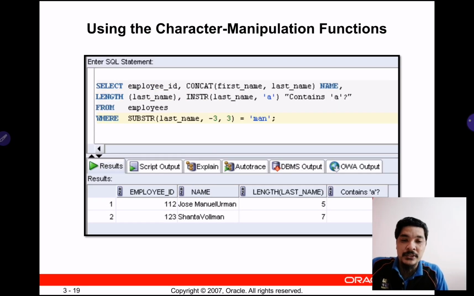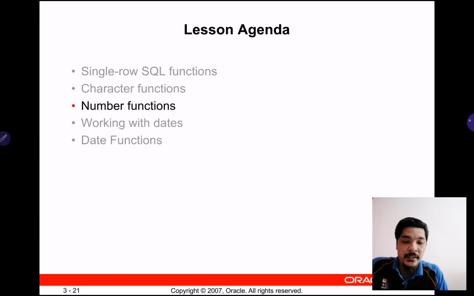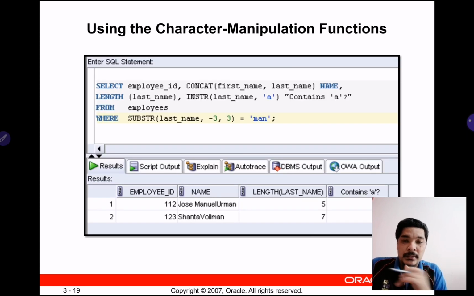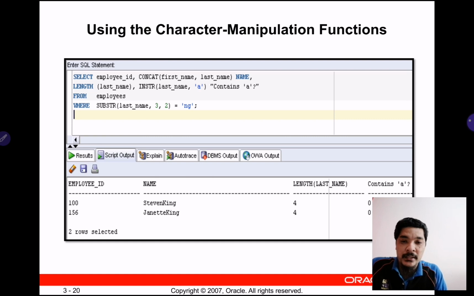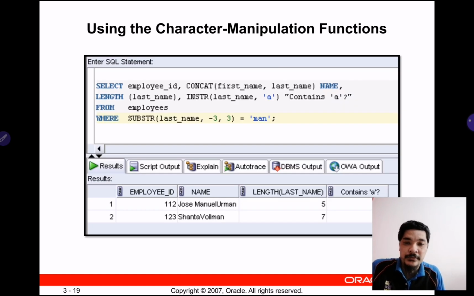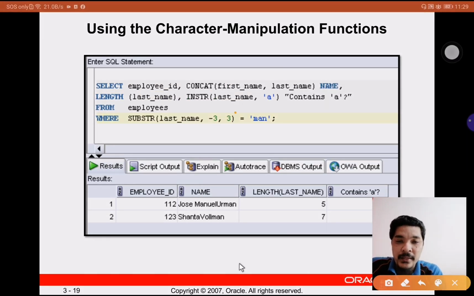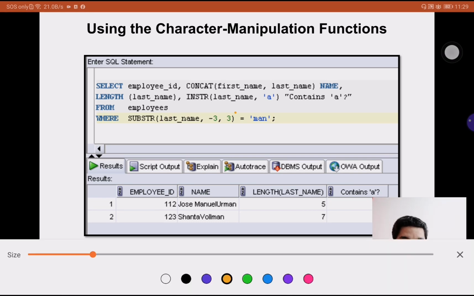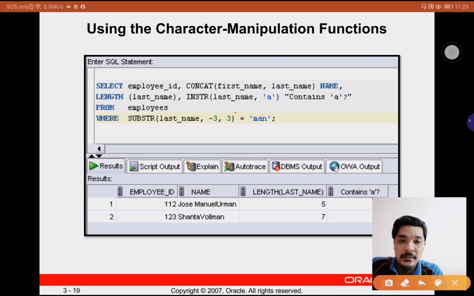Okay, so this is also going to be the same. I will continue with this one, and I will stop here and continue with number functions in our next video. Now the same goes here. In this example it starts with -3 and 3. What is the meaning of -3?